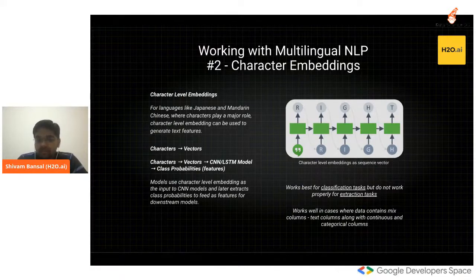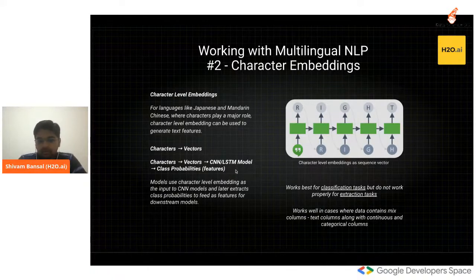And the general idea that we developed is that we can represent every character into a vector notation, into an embedding form, and either we can use that vector or embedding directly in one of the models, or what we did is that we passed those to some of the standard CNN or LSTM models and derived the class probabilities with the help of the target column or the label column, and then used that probability as one of the features in, say, a normal machine learning model, say XGBoost or LightGBM.